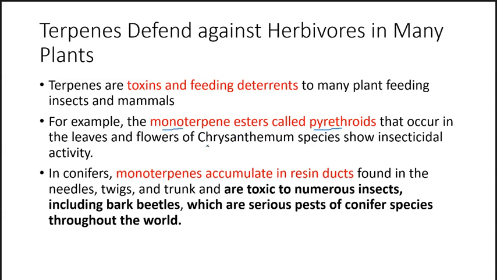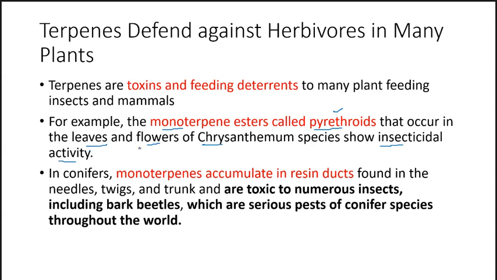They are produced by the leaves and flowers of chrysanthemum. These pyrethroids are helpful for the chrysanthemum plant also, and they are extracted from chrysanthemum plants to act as an insecticidal ingredient. So they have the insecticidal activity.